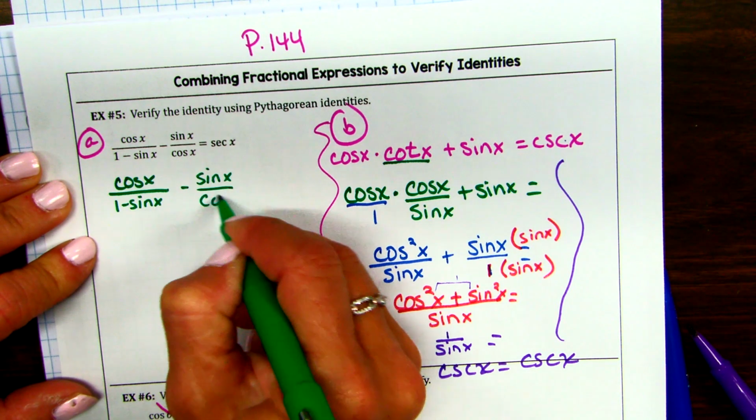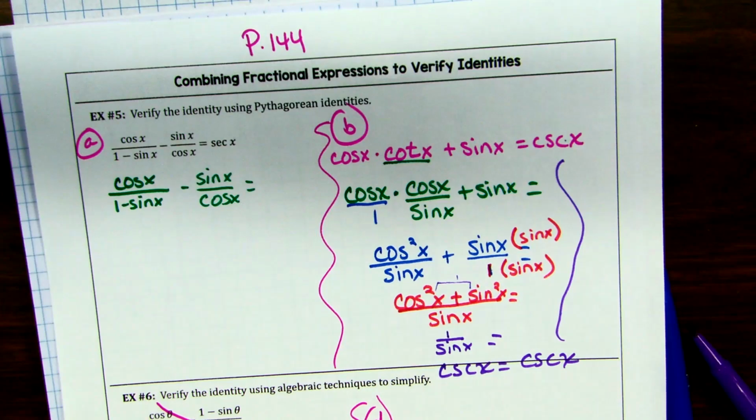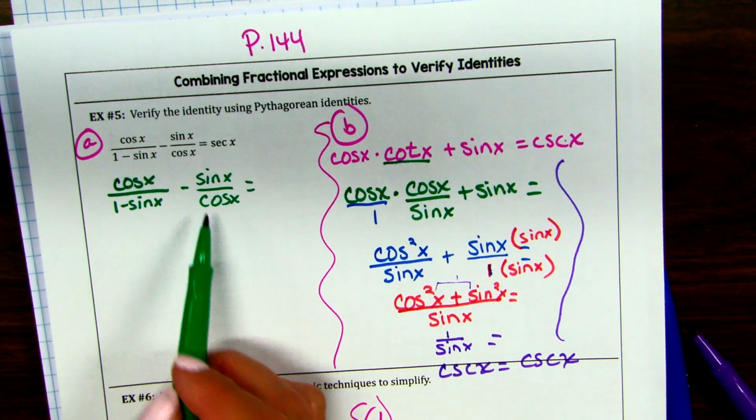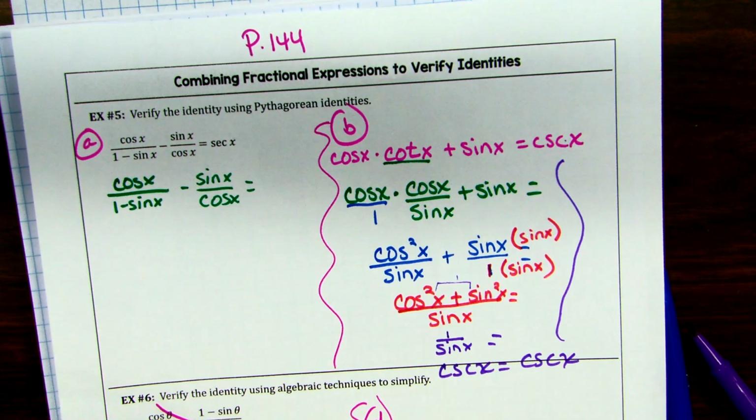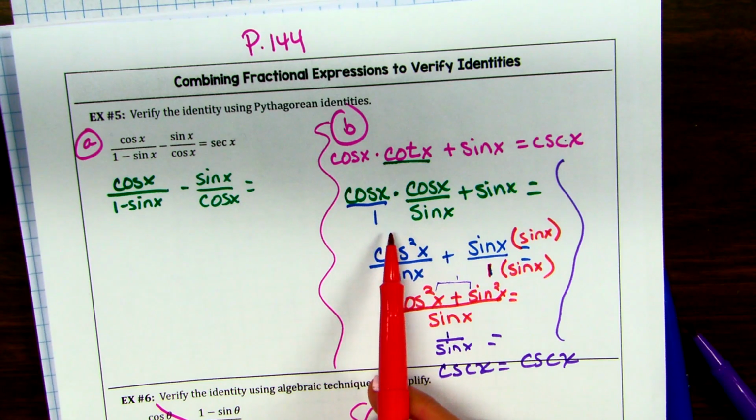But what I hope you notice, taking a look at it, is just like in that last one, we have to somehow make the subtraction of these weird little fractions into a single word. Well, that tells me I'm going to have to subtract them. To be able to subtract two fractions, I need a common denominator. Look at your denominators and notice it's a little bit more complicated than the one we just did.